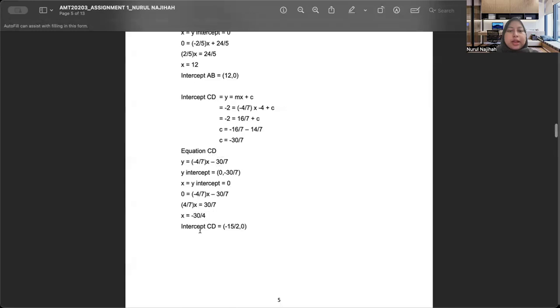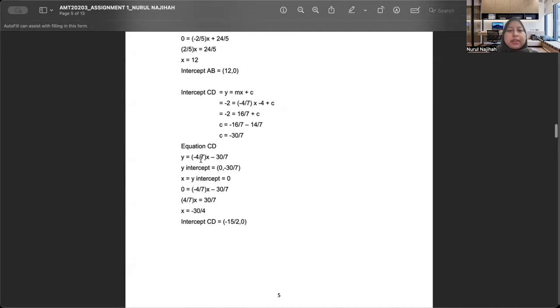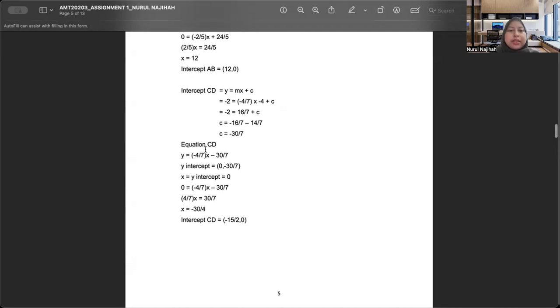To calculate the intercept coordinate, we use the equation method, same as just now. In equation CD, we include the c we just calculated, with y equals the slope m times x, the one we need to replace later, plus c. So our y-intercept is when x equals 0.